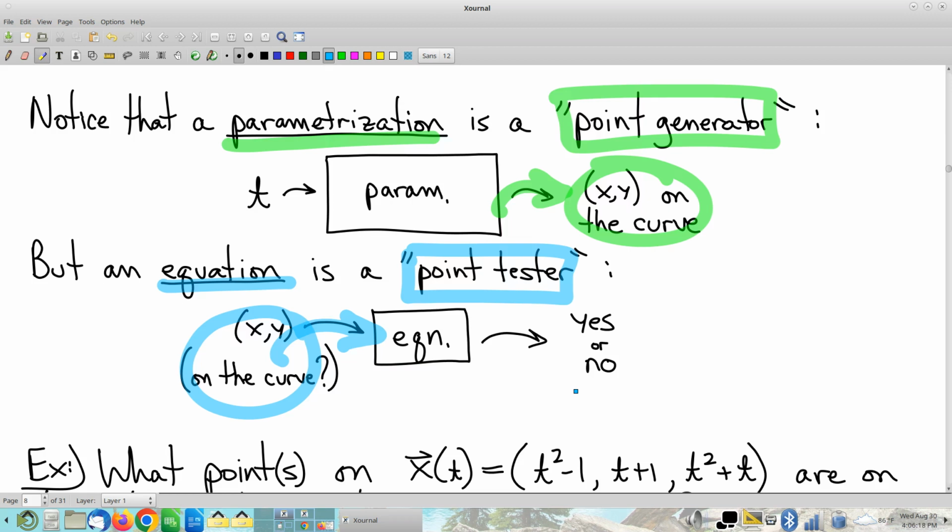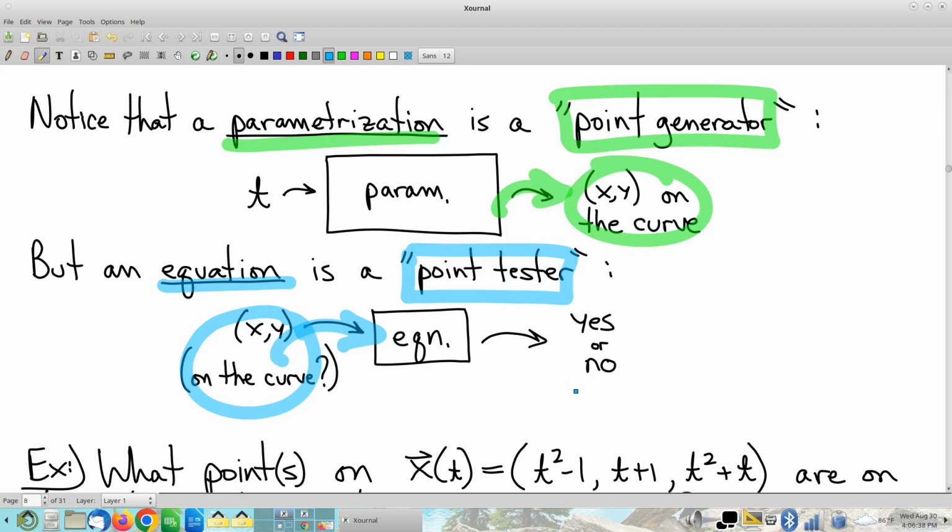Anyway, be prepared. You're going to hear the phrase parametric equations, and just don't fall for it. Parameterization isn't fundamentally performing the same role that an equation is.